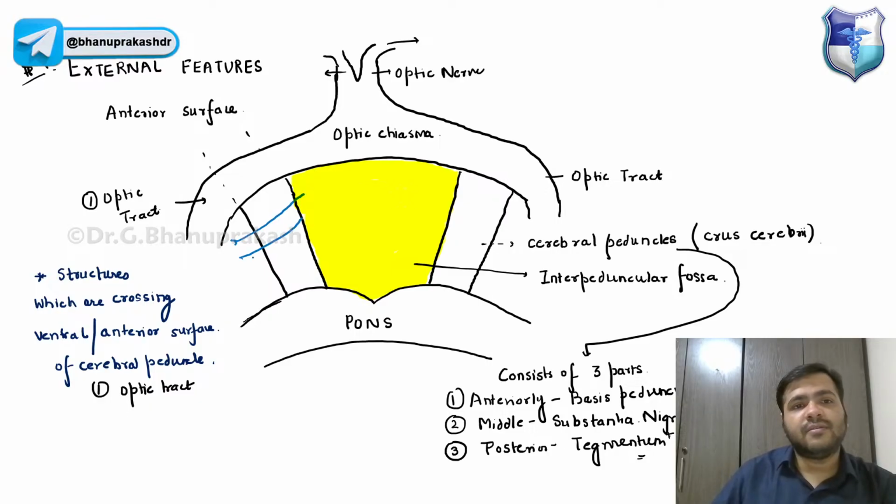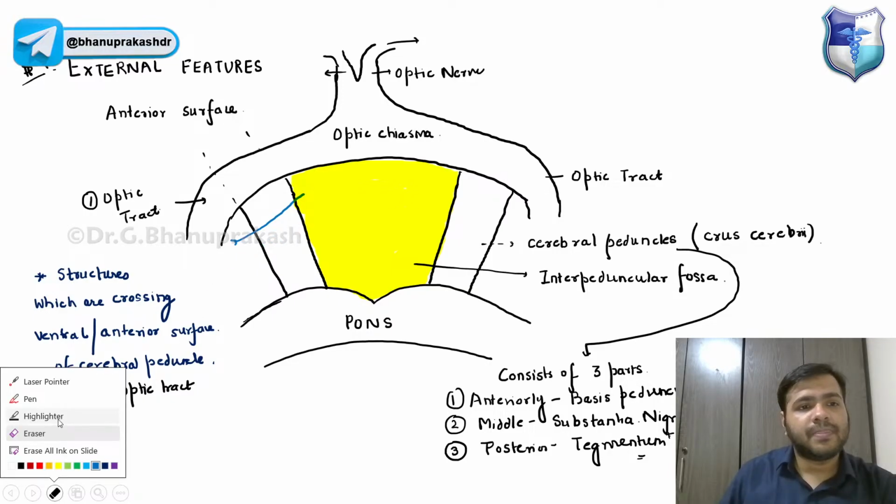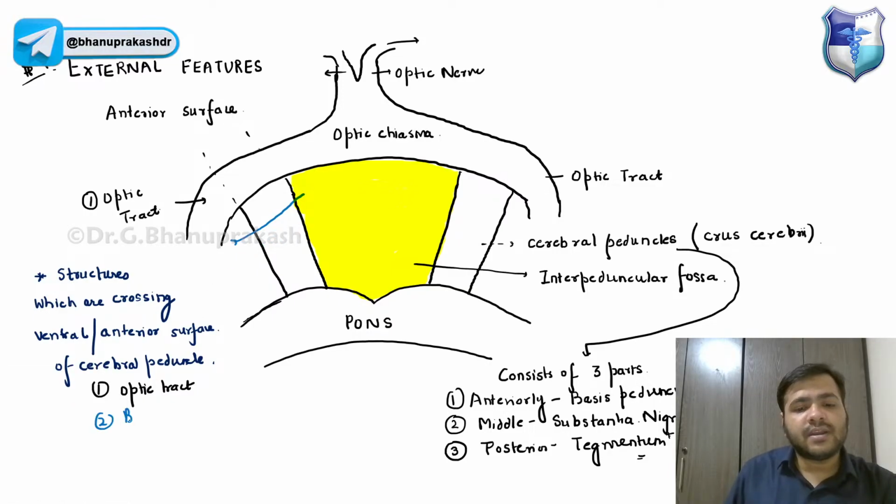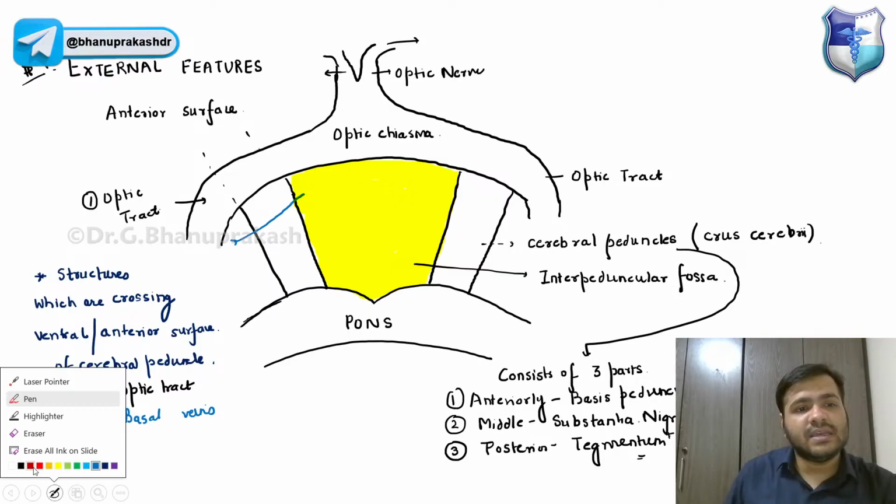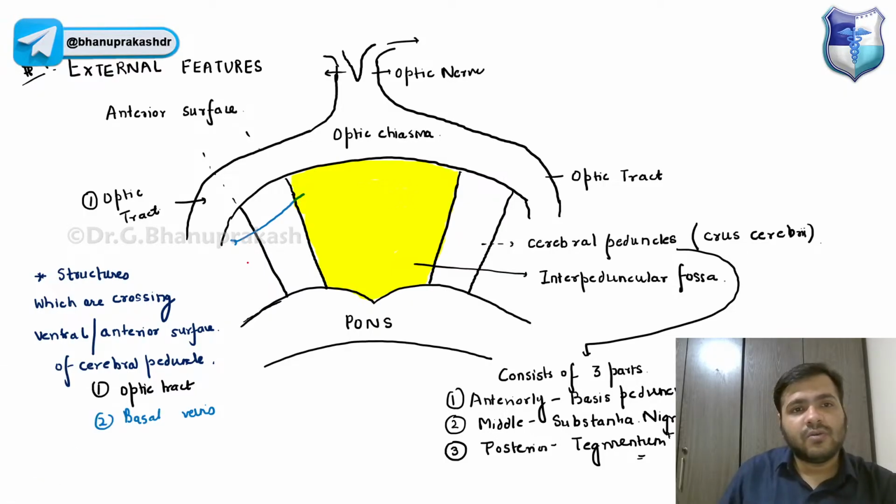We'll just try to draw it once. The third one, guys, remember we have an artery over here, and that is called the posterior cerebral artery, which is passing through this peduncle. So that is the third one, the second one being the basal veins, right?